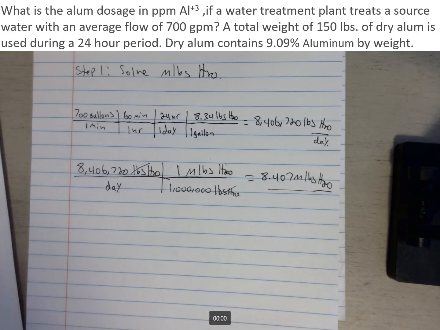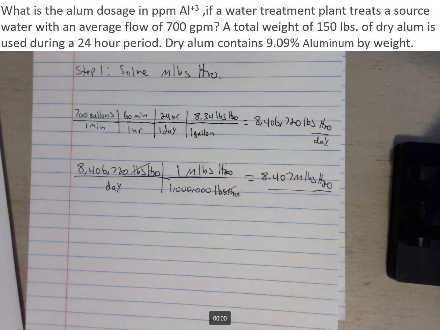From our problem statement, next, let's tackle the dosage. We know that we want to find a concentration in aluminum ion, and we're given that we added 150 pounds of dry alum in that 24-hour period.